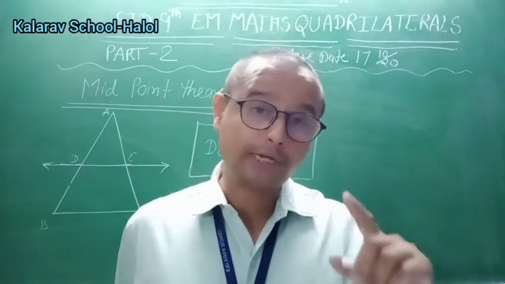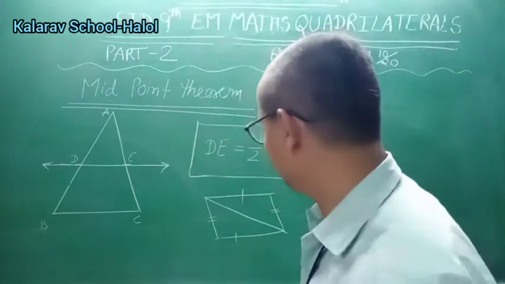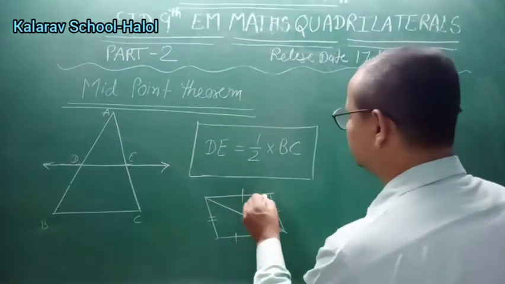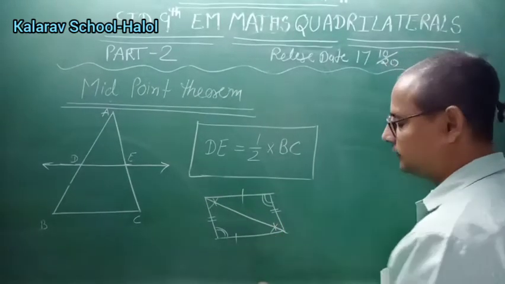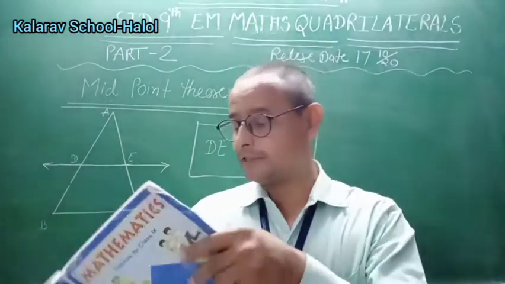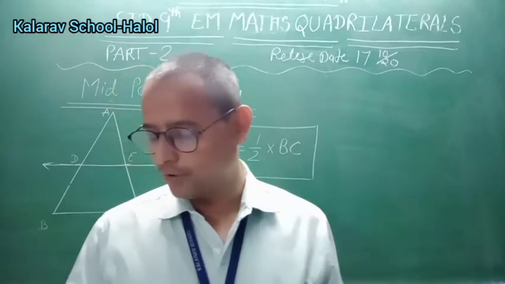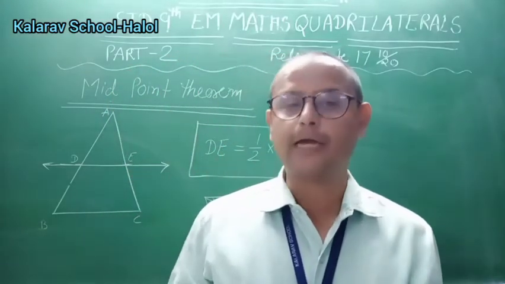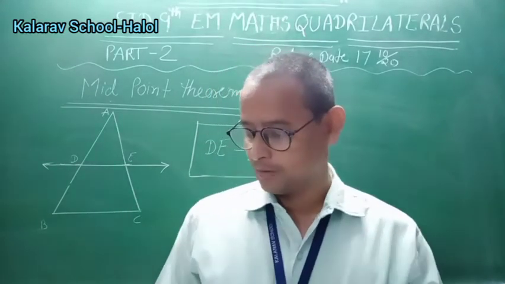Whatever properties I explained earlier are all given in the form of statements. Opposite angles means this angle and this angle, this angle and this angle are equal. Next: in a quadrilateral, if each pair of opposite angles is equal, then it is a parallelogram. This is called the converse. Is it clear?